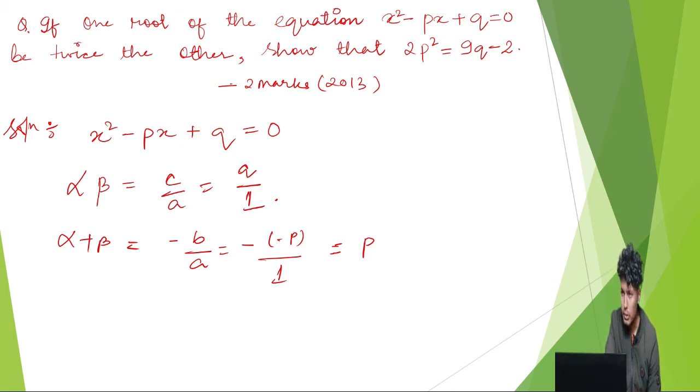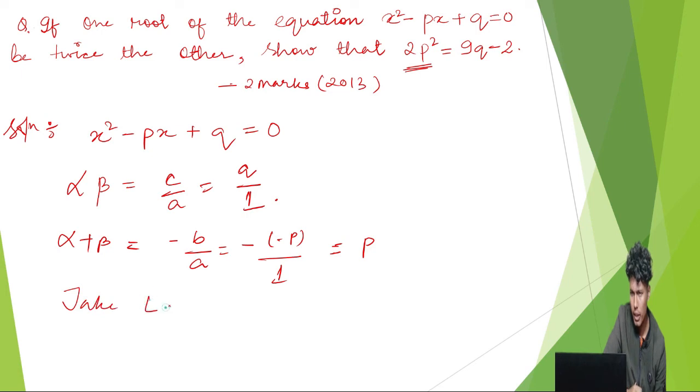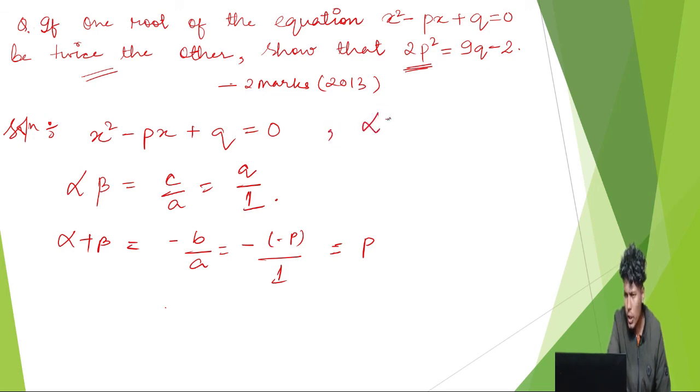The question says one root of the equation is twice the other. If alpha is a root, then beta will be equal to 2 alpha. So instead of beta, we can write 2 alpha.